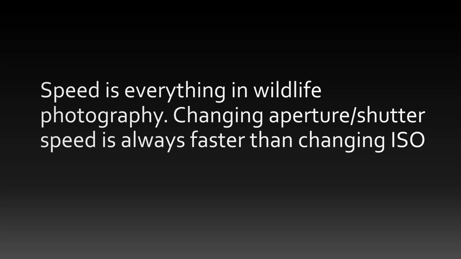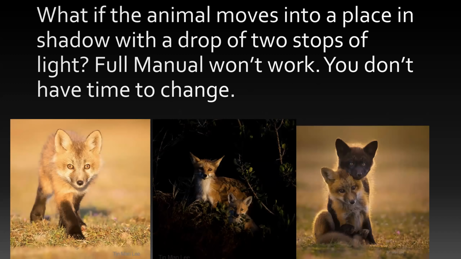And this is really the key idea. So the question here is, what if the animal moves from bright into shadow, and you never know, is the shadow really dark? Did it drop 1 or 2 stops of light? How do you do it? Full manual would not work, because if the fox from the left suddenly walks to the middle side, and then to the backlit side, you just don't have time to use spot meter, which I'll explain later, to get the perfect exposure.